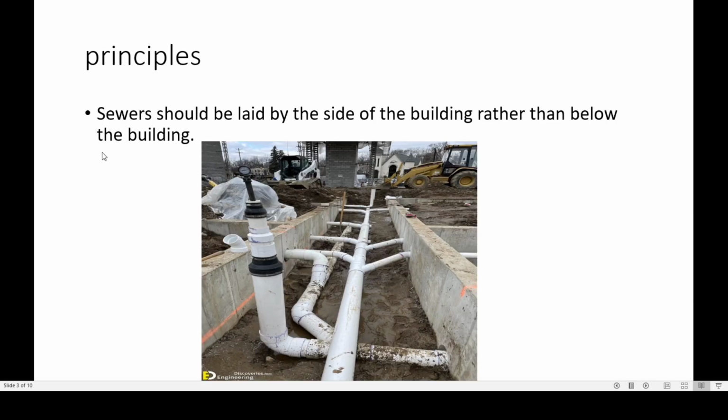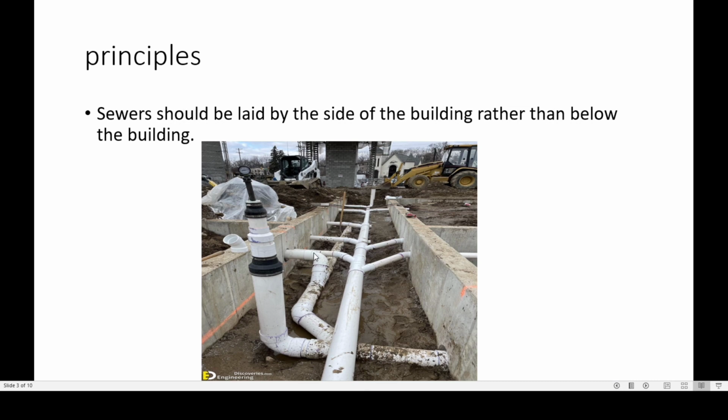Next, here are the principles. Sewer should be laid by the side of the building rather than below the building. So instead of laying your sewer line underneath the foundation, it should be laid by the sides of the building, as you've seen in our illustration here.